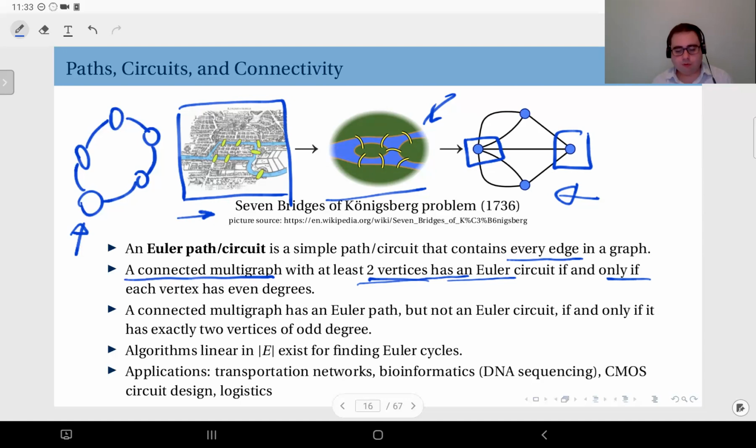Now, when it comes to Euler path, a connected multigraph has an Euler path, but not an Euler circuit, if and only if it has exactly 2 vertices of odd degree.